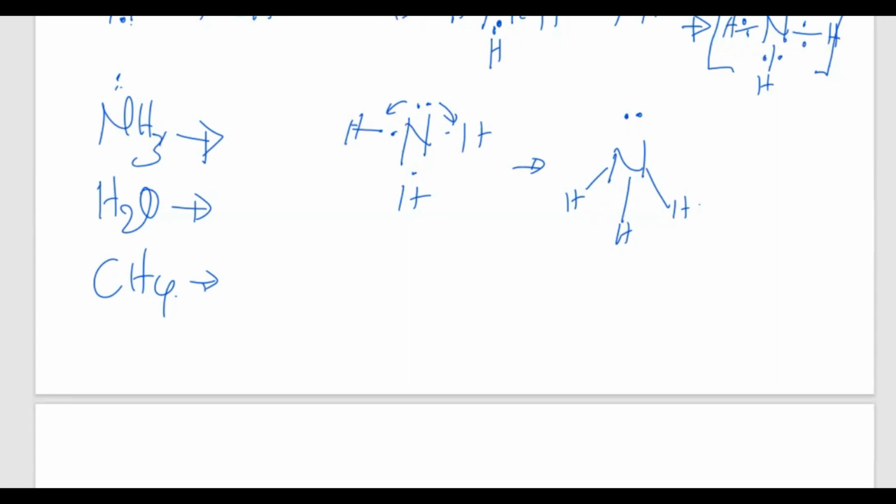Trigonal pyramidal. So how is this trigonal pyramidal formed? Let me show you. Why do you say that is a trigonal? It means that it must have a triangle. If you join this, it forms a triangle. You see, trigon, but it has a pyramid on top.